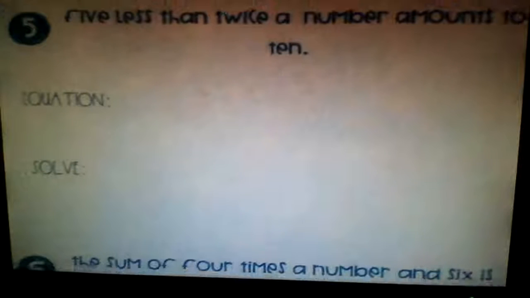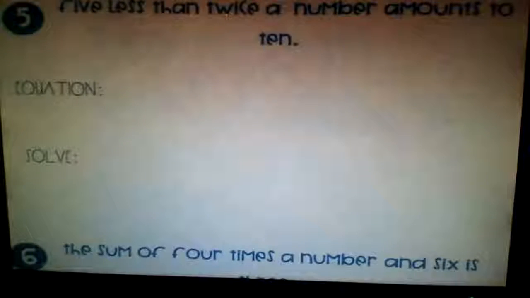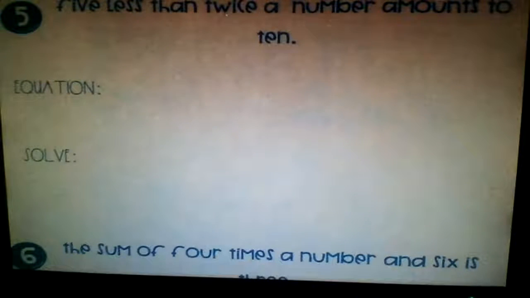I need to take this and I need to write this as numbers, letters, and equal signs. 5, subtraction sign, 2x equals 10. Opposite way.